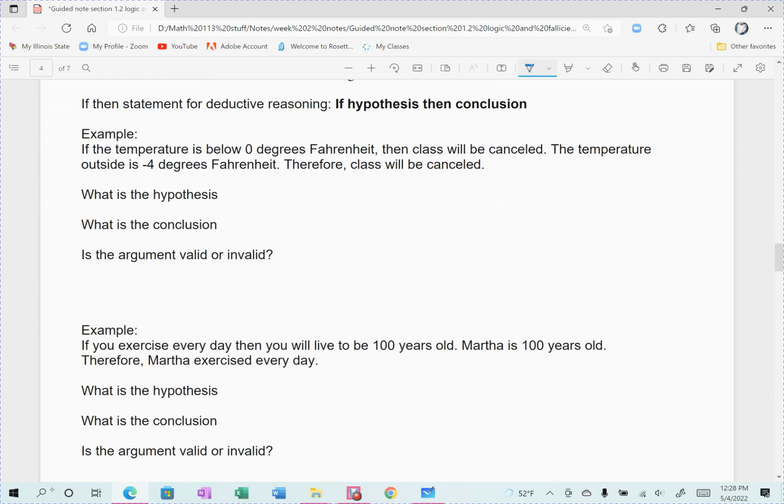The hypotheses: there are actually two. The very first line is the hypothesis. If the temp is less than 0 degrees Fahrenheit, then class is canceled.